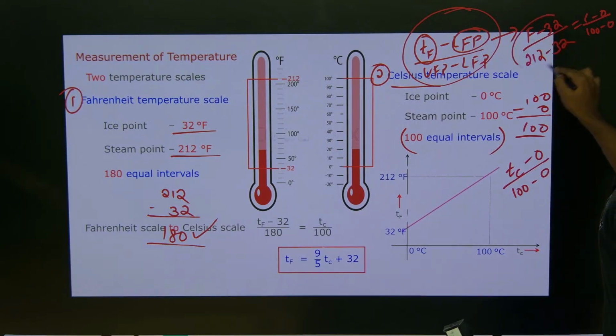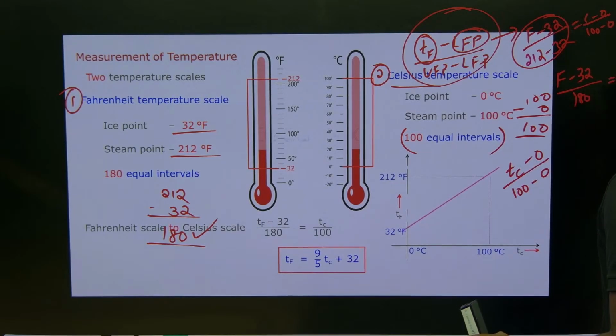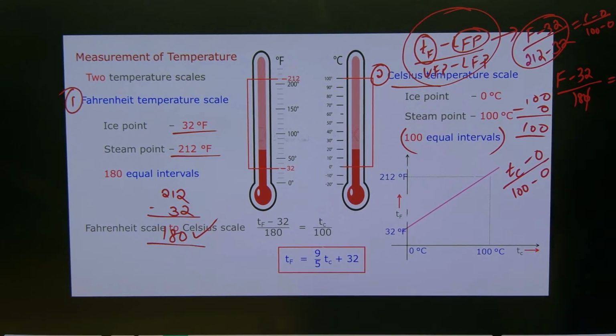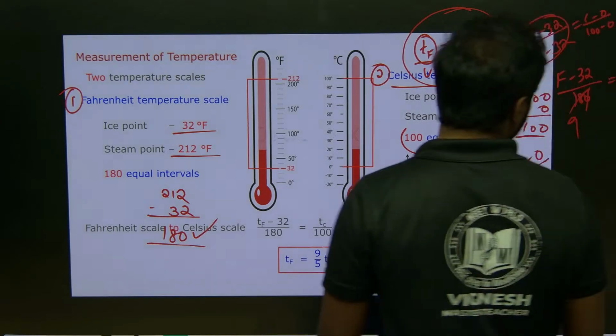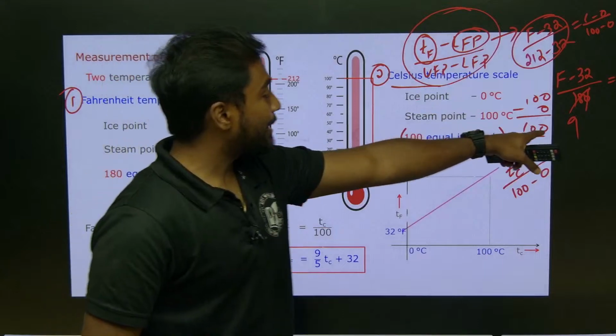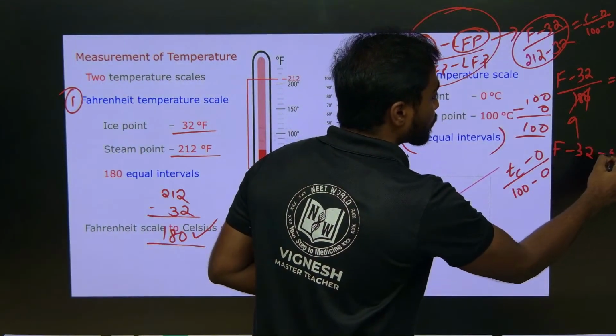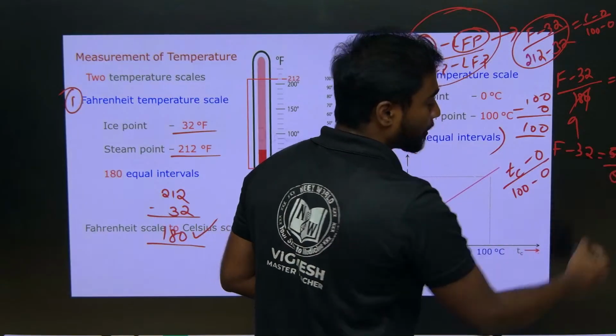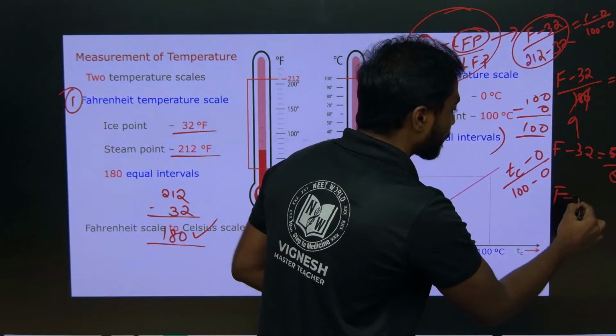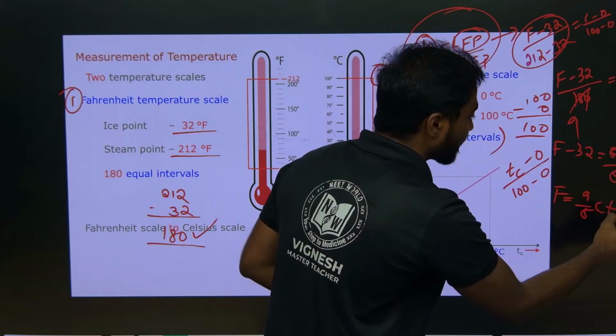So we get (F minus 32) by 180 equals C minus 0 by 100 minus 0. Simplifying, this is 1 times and this is 5 times, and this is 9 times. When I take the 9 to the other side, F minus 32 equals 9 by 5 times C, and so F equals 9 by 5 C plus 32.